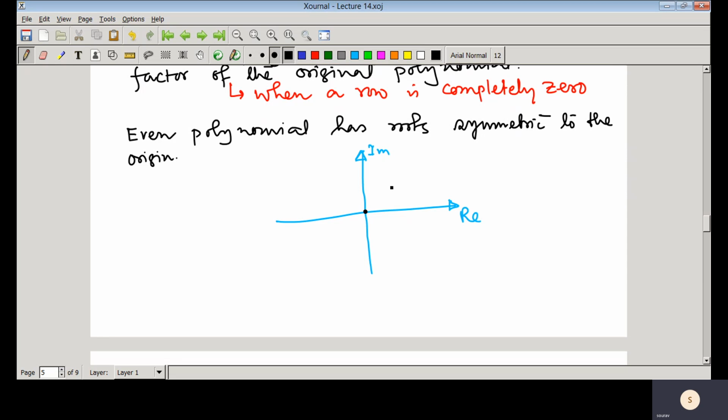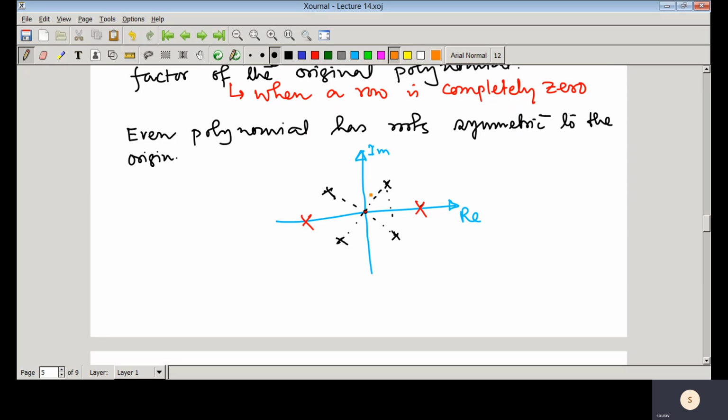So if you have a root here, obviously there should be one complex conjugate root, and as it is symmetric to that origin, then you can see here there should be another root here, and another root here. If you have a root here, then symmetric to this one, there should be another root here.